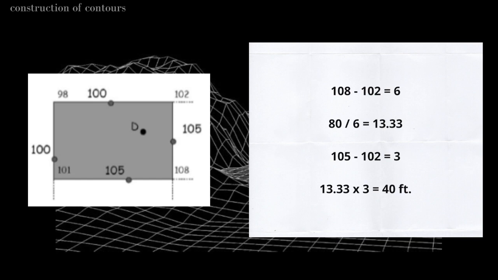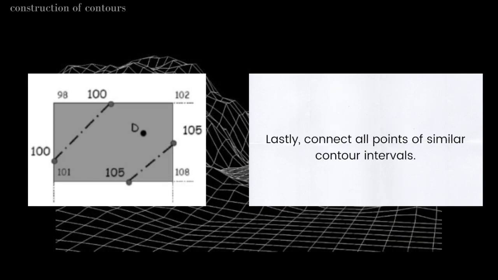We get 3. To get the point location of the interval, we multiply 13.33 by 3. We get 40 feet. After that, we plot it on the map by measuring 40 feet from the intersection point 102. And finally, after plotting all the points, we connect all points of similar intervals.